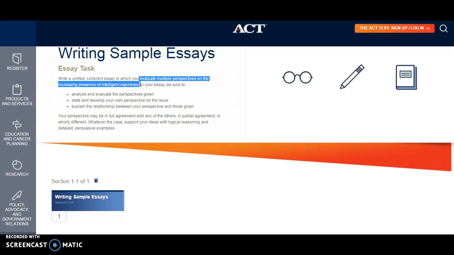Evaluate means to judge whether they're valid or not, based on your understanding of the position. So you need to understand the position, but also judge the validity of it, probably based on its logic, reasoning, if there is any evidence that can support that claim.